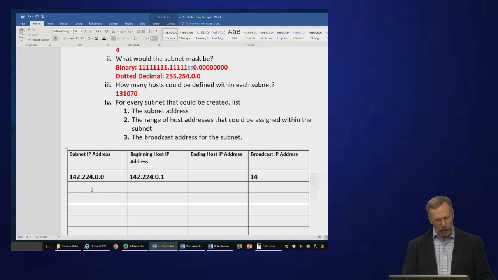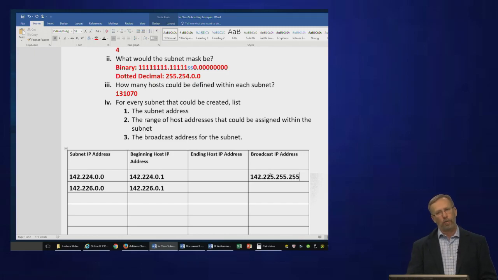I just figured out that this one is going to be 142.226.0.0. And that's going to be 142.226.0.1. Once I know that, I can work backwards into this one and say this one is 142.225.255.255.